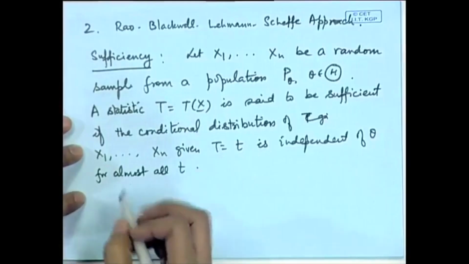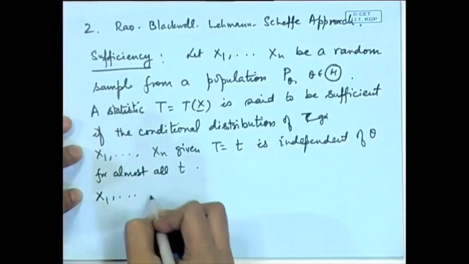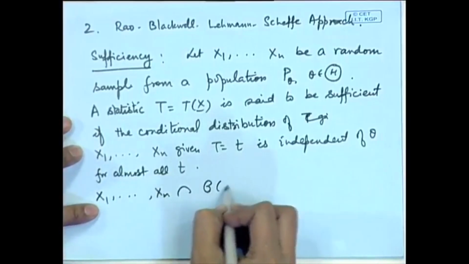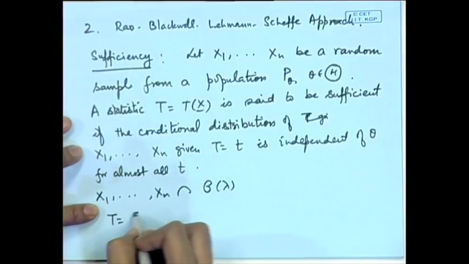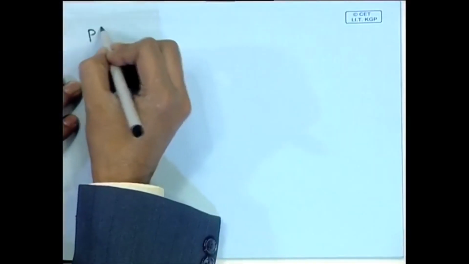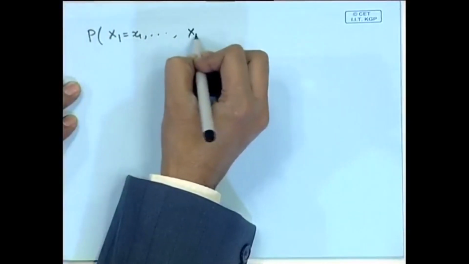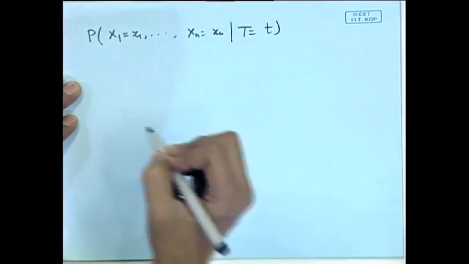Let us take an example here. Suppose I consider X1, X2, ..., Xn follow, say, Poisson lambda distribution. Let us define T to be the sum of Xi, i equal to 1 to n. Let us consider the conditional distribution of X1, X2, ..., Xn given T = t.